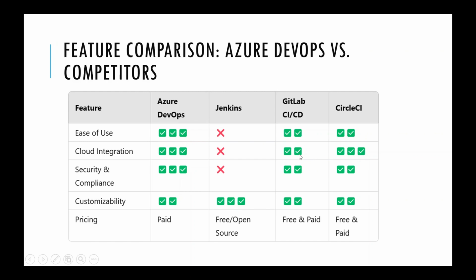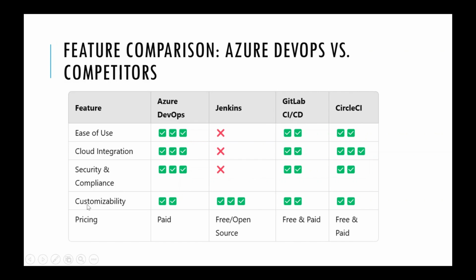Azure DevOps and CircleCI can be better in cloud integration if you compare this with GitLab CI/CD. Same is the case with security and compliance as well. In case of Azure DevOps, this is quite better if you compare this with GitLab CI/CD and CircleCI.